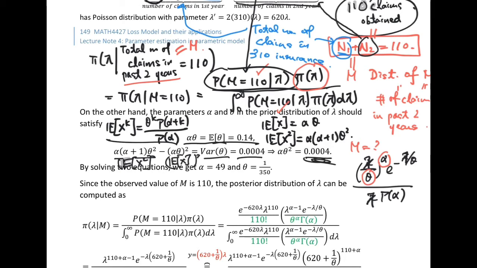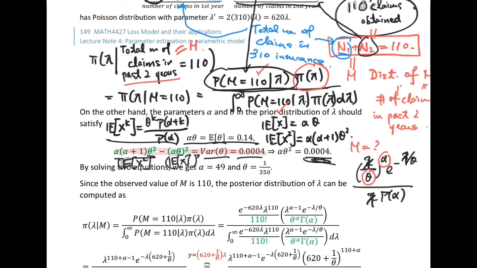Then you will get the second equation for alpha and theta. This equation looks a little bit complicated, but actually you can do a little simplification. Look at that: this term is just the same as this, right? So these two can be cancelled out, leaving alpha theta squared equal to 0.0004.